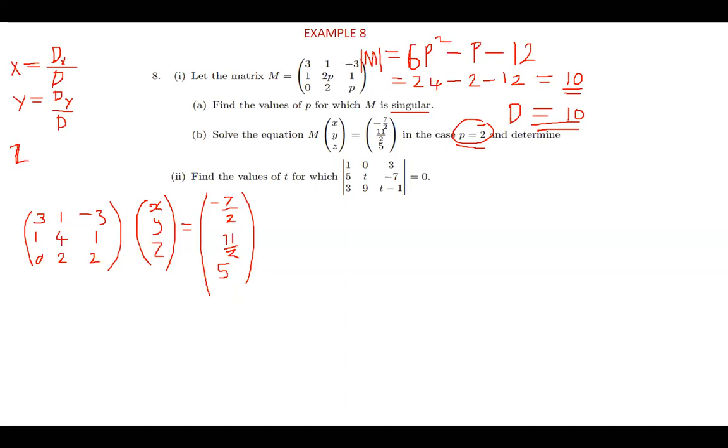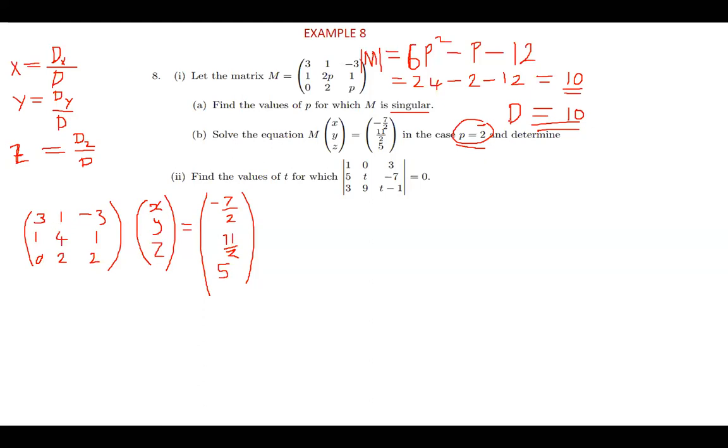When you're finding z, you also find the determinant Dz, and then divide by D. So this is how you use Cramer's rule to solve systems of equations.